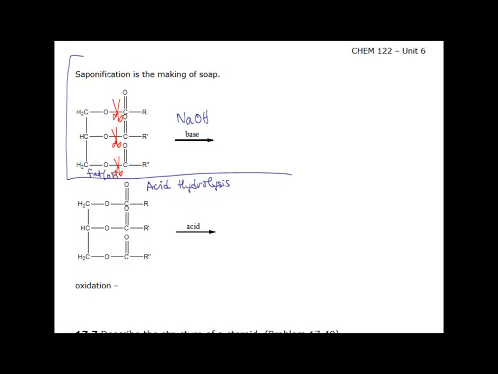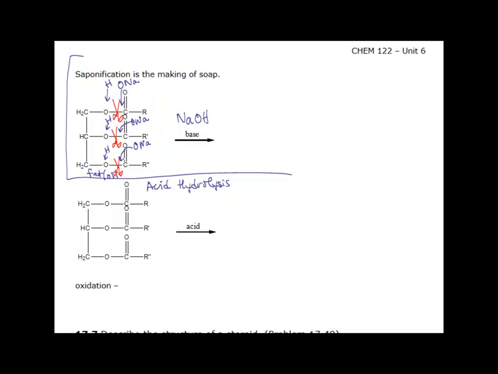The glycerol gets the hydrogen, so it gets 3 hydrogens, and then the carbonyl side gets ONa. It's 3 ONa's. I'm getting crowded here.